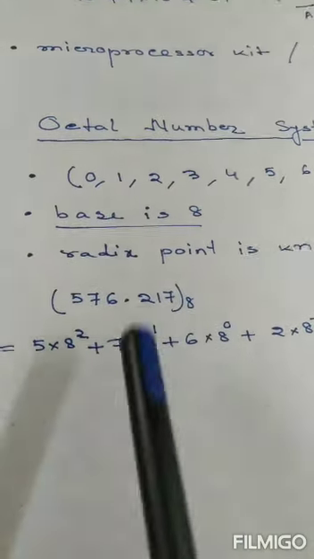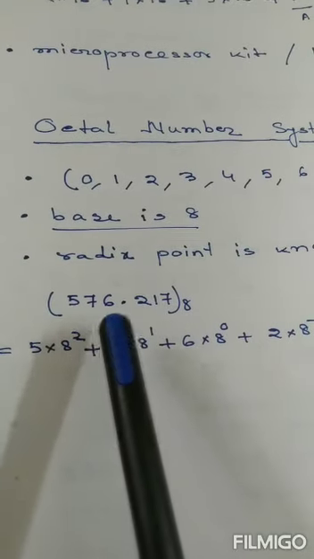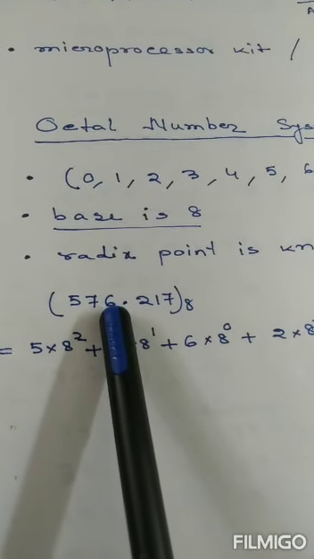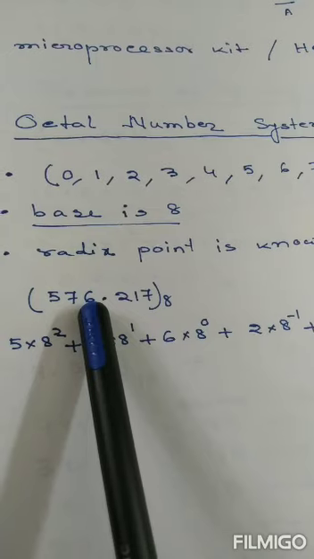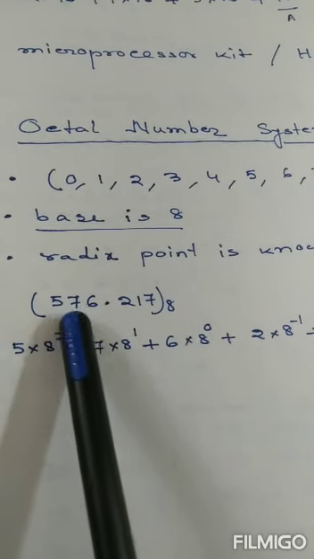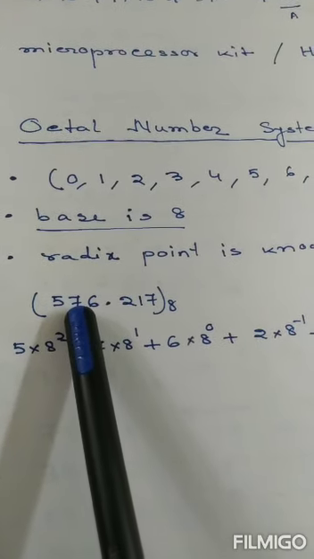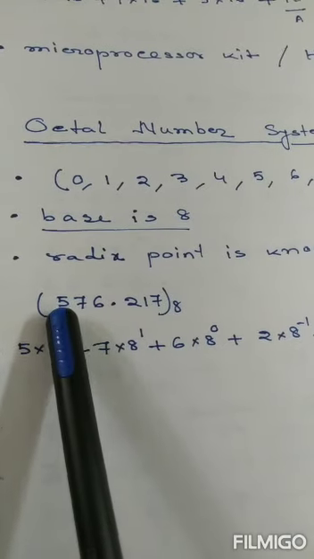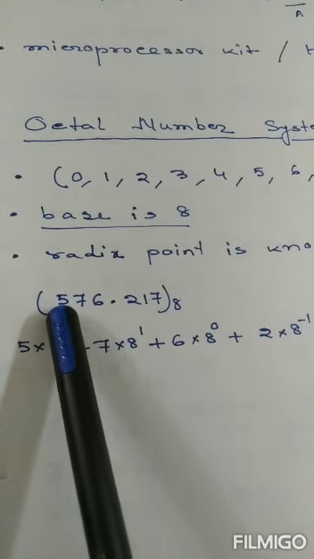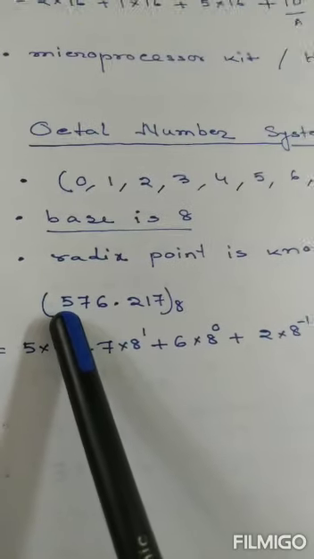What is the value of this number? For the integer part, the weightage of 6 is 8 to the power 0, the weightage of 7 is 8 to the power 1, and the weightage of 5 is 8 square.